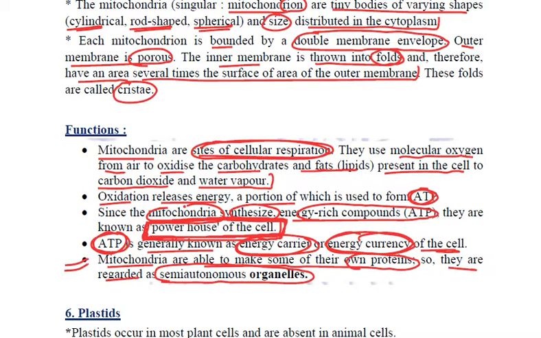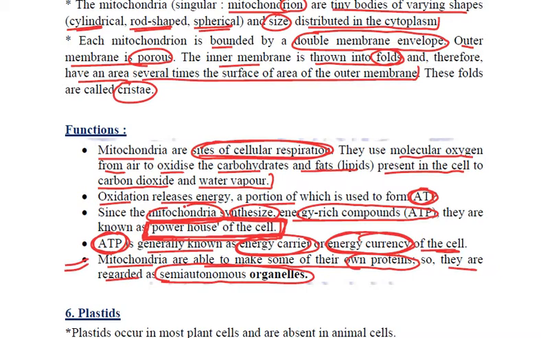Clear? So what important things you need to remember in mitochondria? The double membrane. Inner membrane is deeply folded to provide large surface area for this ATP generation. These inner folds are known as cristae. Mitochondria contain strong oxidative enzymes. They release energy, which is used in the form of ATP.